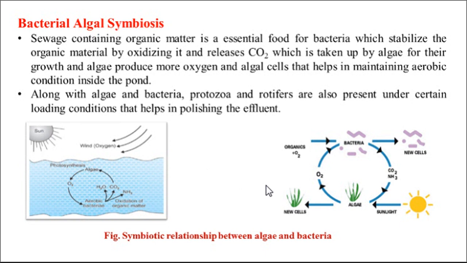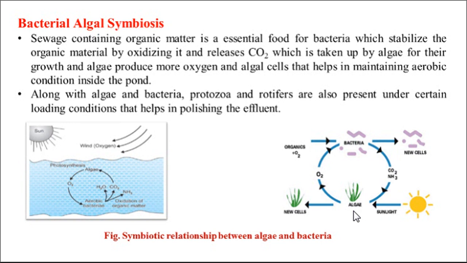Another figure is there. These are the bacteria. Organic waste is the food for the bacteria. So in presence of oxygen, the organic matters are stabilized by this bacteria, and in this process CO2 and NH3 are released. So out of that, CO2 is taken up by this algae.